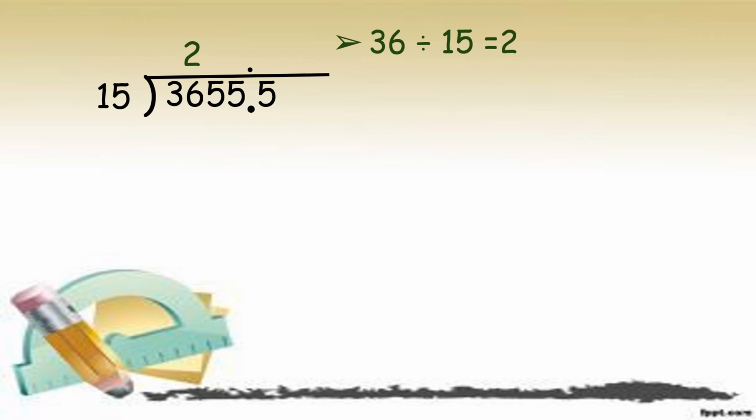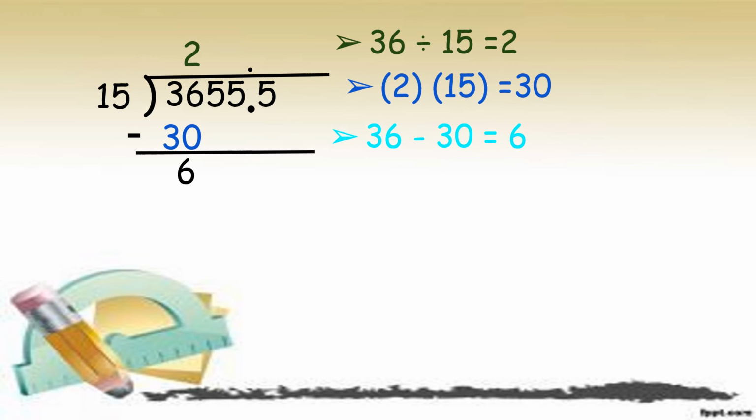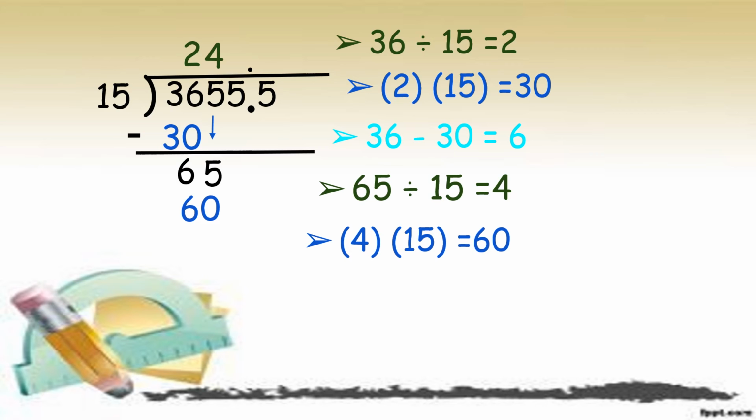So, 2 is located on the position of 36. 2 times 15 is 30. Subtraction will have 6. Then, bring down 5. 65 divided by 15 is 4. 4 times 15 will have 60.